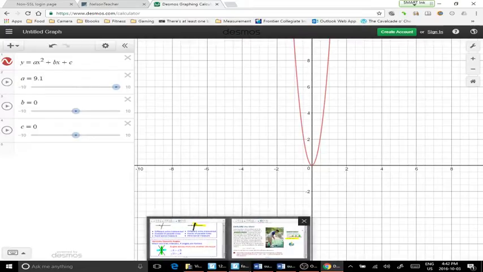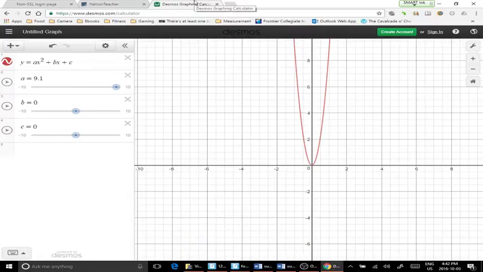I would write that down. So I'll repeat that again. As A gets bigger, the graph is stretched or becomes skinnier.